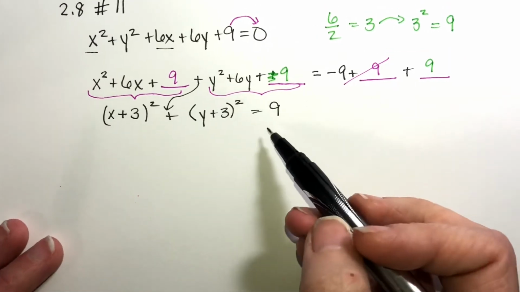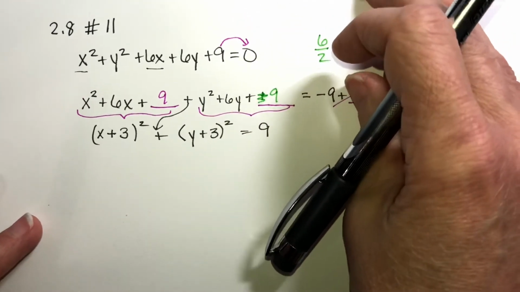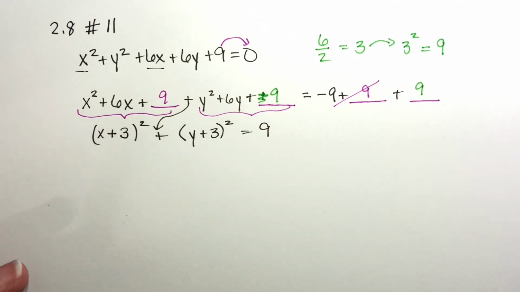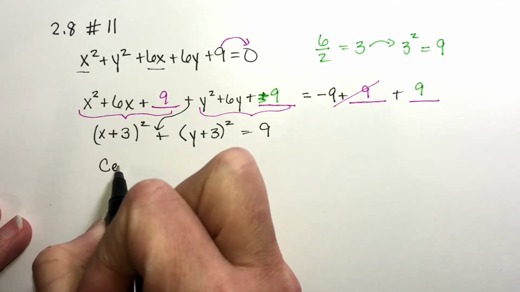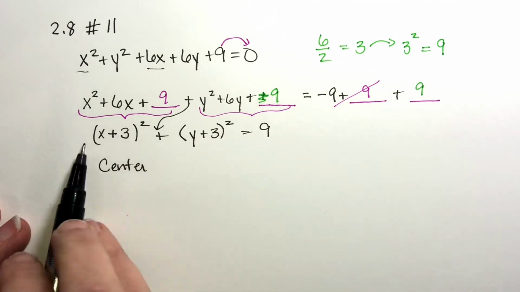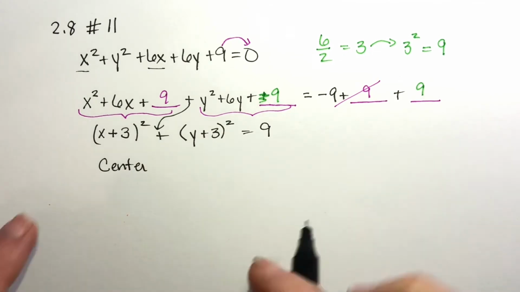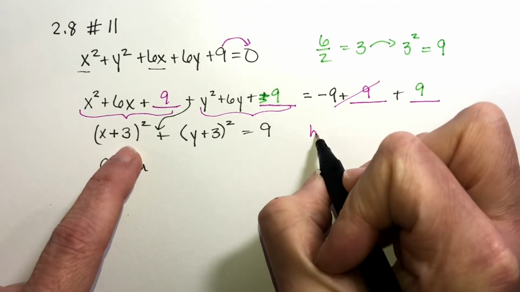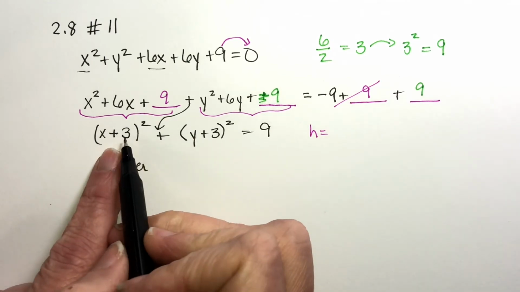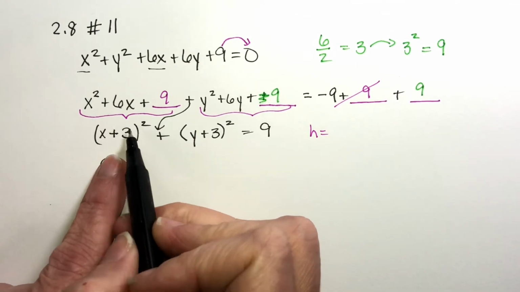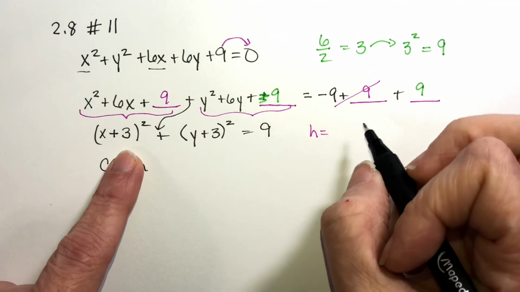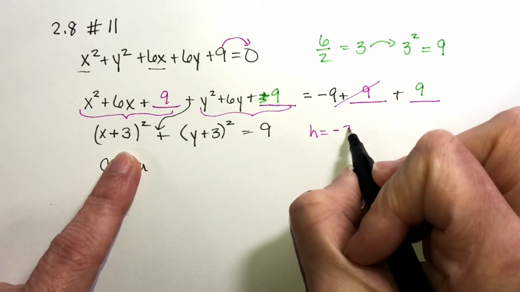So this is the first part of number 11. They ask you to transform it. And then they ask you to find the center and the radius. The center is always hk. So let's figure out what our h and k are. Our h is going to be, remember this, you use the opposite sign here. Your h is going to be -3.